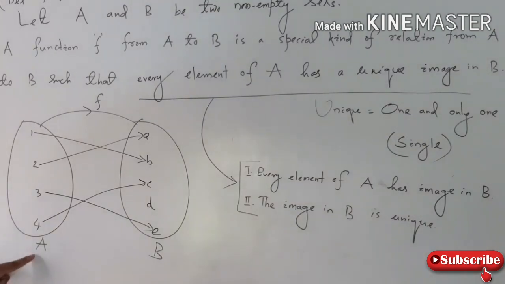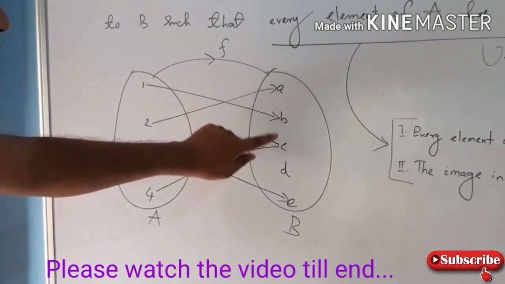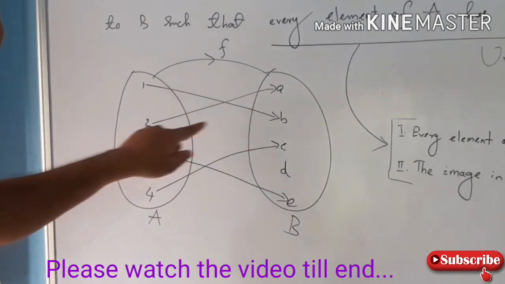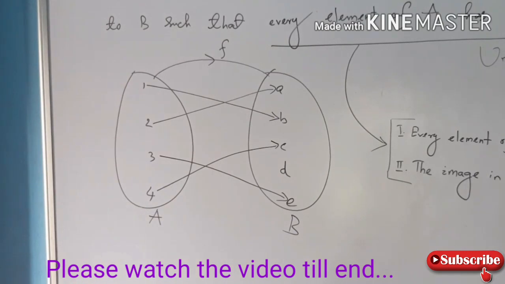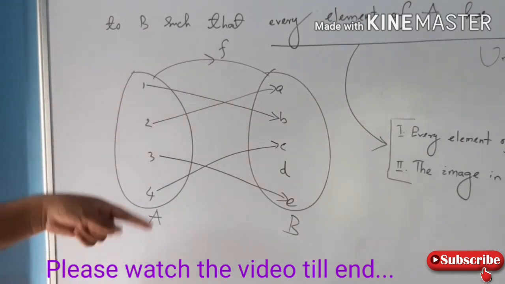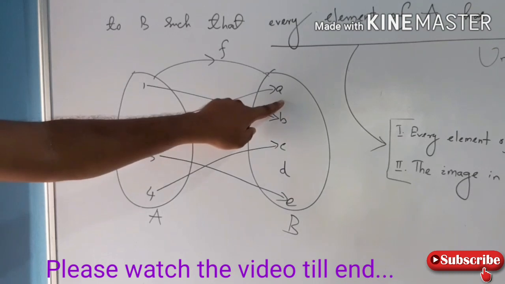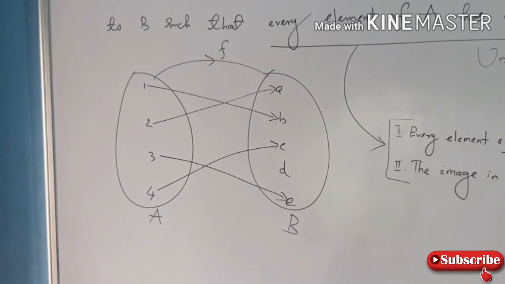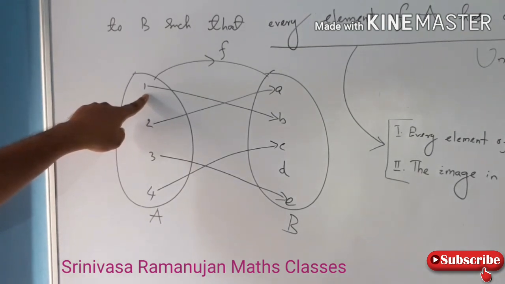I have taken here set A consisting of 4 elements 1, 2, 3, 4, and set B consisting of 5 elements A, B, C, D, E, and 1 is related to B, 2 is related to A, 3 is related to E, and 4 is related to C. Please see here, every element of A has an image in B, because 1 has image B, 2 has image A in B, 3 has image E in B, and 4 has image C in B. And please observe one more thing, 1 has an image and that image is unique, because 1 doesn't have more than one image.